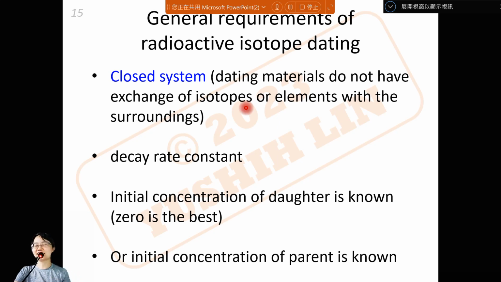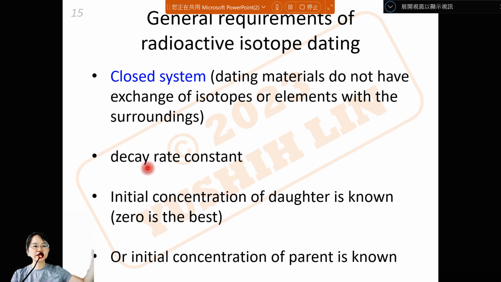Therefore, my C14 is constantly changing. However, if today I died, then I am a closed system. If I'm buried in soil and maybe 5,000 years later, some archaeologists can use my dead body for dating, because it's already a closed system.